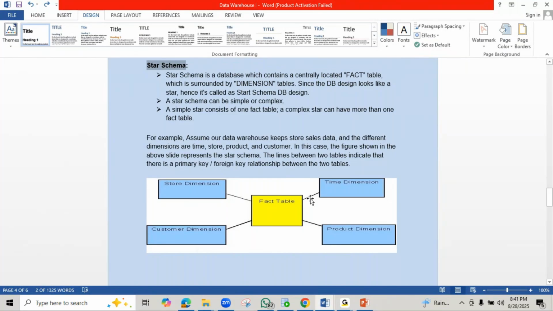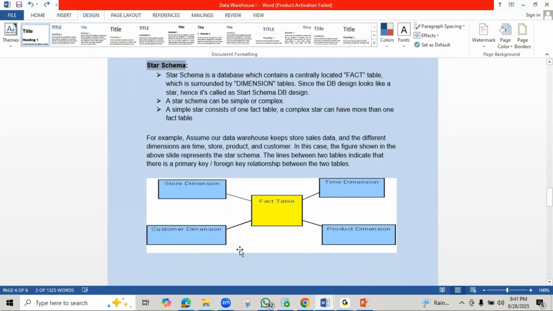If there is no arrow line, it means there is no relation. They are related based on the primary key and foreign key relation. What are primary key and foreign key? That too we will discuss. The structure of this schema looks like a star, so that's why it is called a star schema.